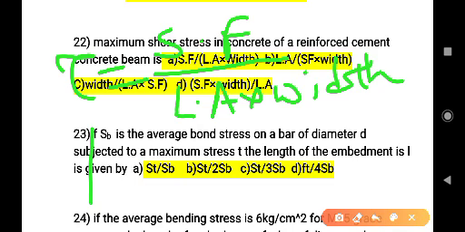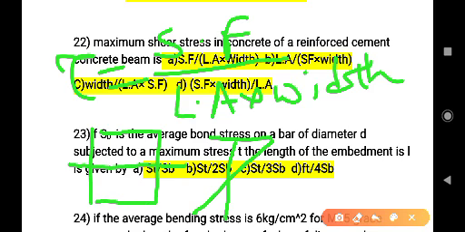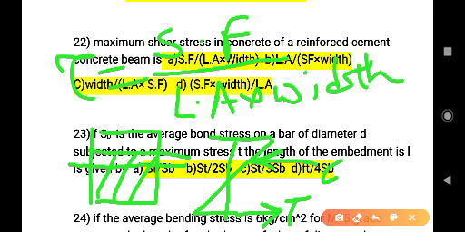If this is the section of a beam and this is the neutral axis, then the stress diagram is like this, and the compression force acts on this portion and the tensile force acts on this portion, and this area is considered for the shear stress calculation.